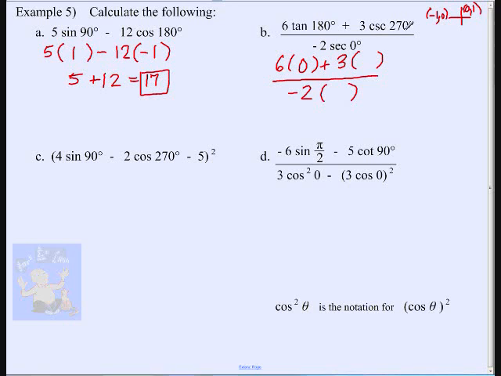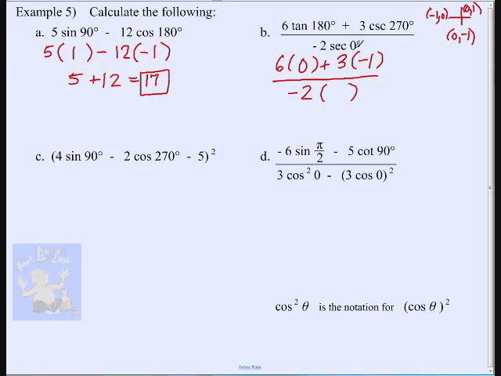Cosecant, what is its reciprocal partner? Sine, right? So we're dealing with radius divided by y at 270 degrees. At 270 we've got a 0 for our x and a negative 1 for our y. So cosecant will be 1, the radius, over negative 1. So we'll have a negative 1 here.